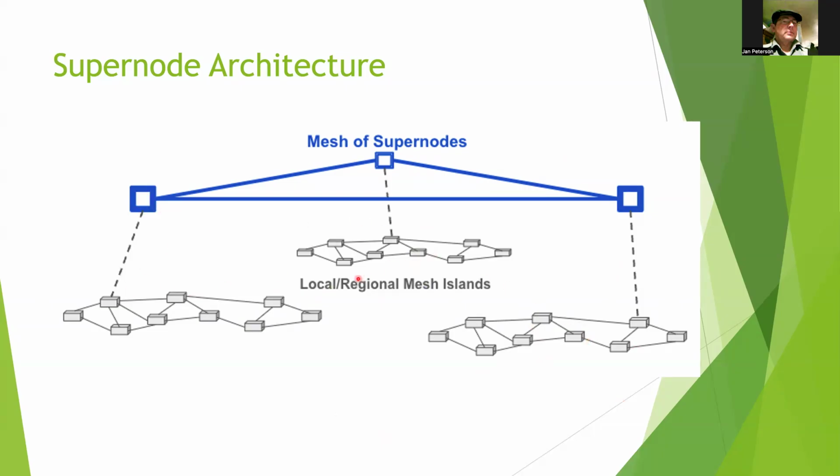And then I can find the service that I'm trying to reach. All of these things are in the same IP domain. They're all in net 10. They're all routable. So from any node, you can get to any other node in this larger network. If this connection were to go down, the supernode would automatically route around it and go this way to get back to that system, right?